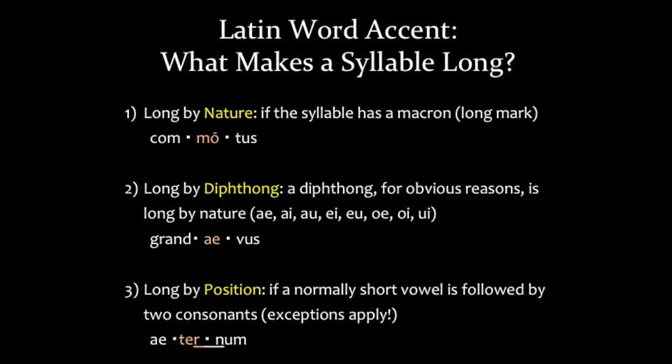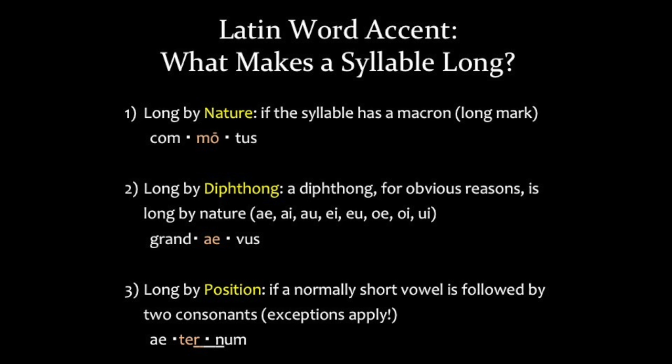And the last thing that will make a syllable long is if a normally short vowel is followed by two consonants. Now, this is the tricky one because you have to look both at the penultima and the ultima to determine whether or not there are two consonants that follow the vowel.